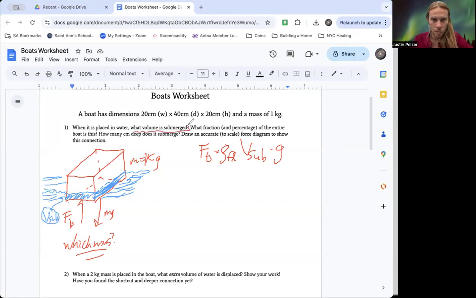What volume is submerged? How? When we say which wins, it's floating. It's not going up. It's not going down. It's just sitting there. So if it's just sitting there, what's the net force? It's zero. That's the key to a floating object.